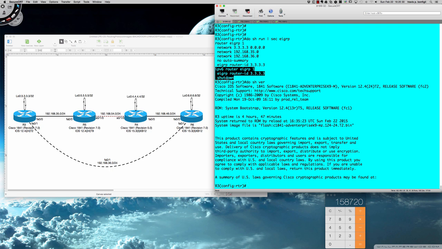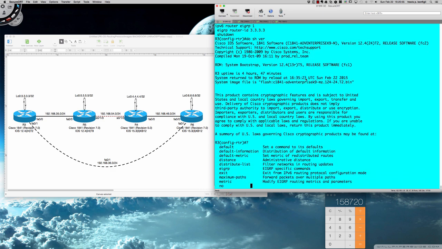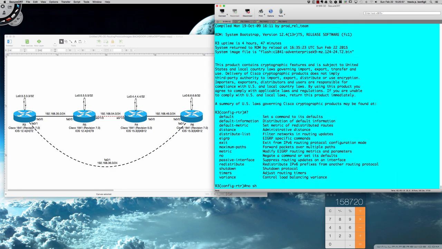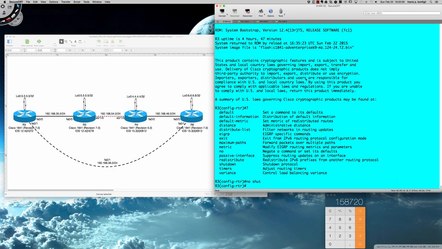If you're looking at where it says shutdown, you've got it, right? So by default, with the 12.4, at least this branch of the 12.4 code that I'm running, your EIGRP process is going to show itself as shut down right now. And so that is a major concern. So obviously we're right here in the EIGRP configuration, so we're going to say no shutdown, right?